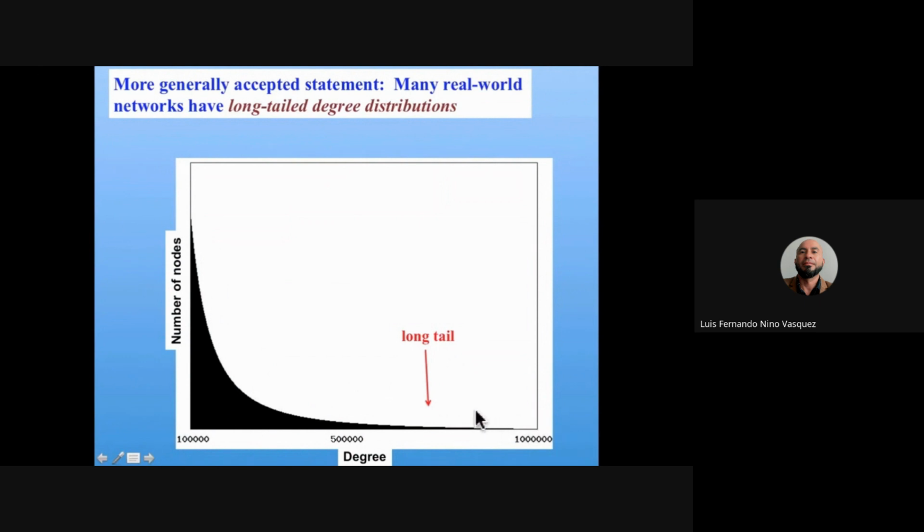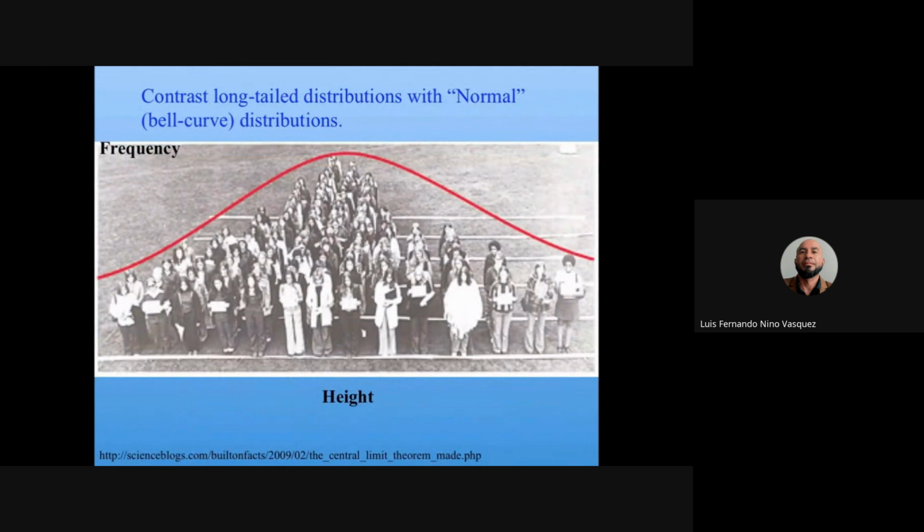And that is very different from what we call bell curve or normal distributions. Here's a picture of a normal distribution of human height. This is a nice example because people are lined up here by their heights, with the shortest people over here and the tallest people over here. And you can see that most people cluster in the middle. There's a few people who are very short, a few people who are very tall.